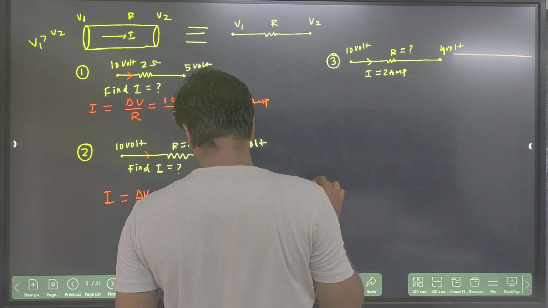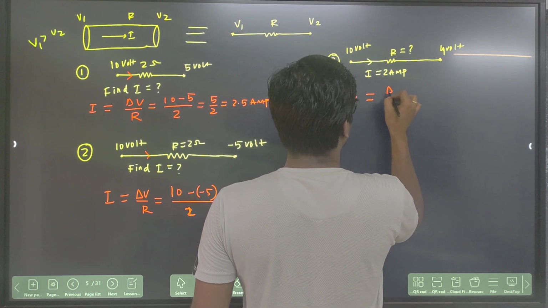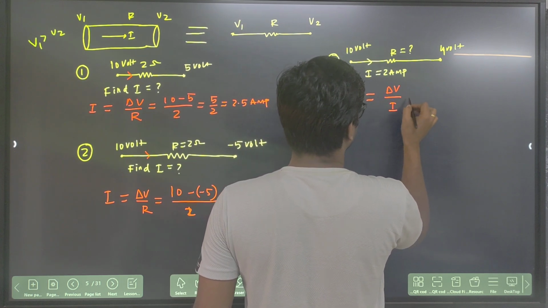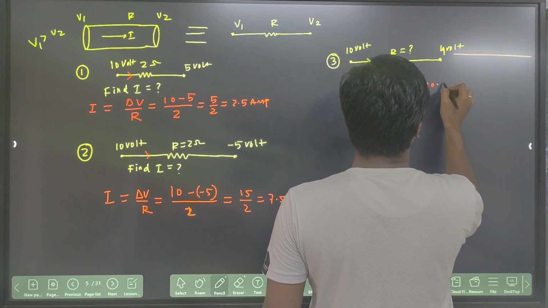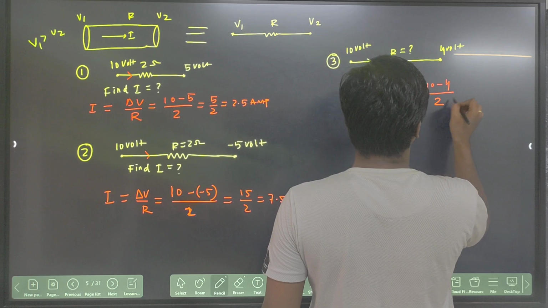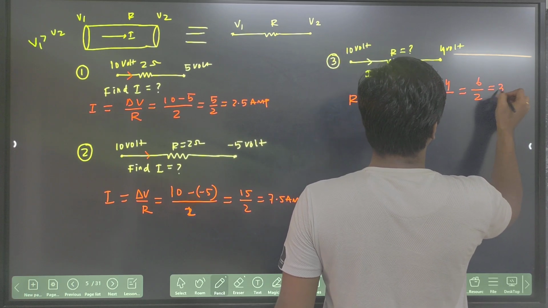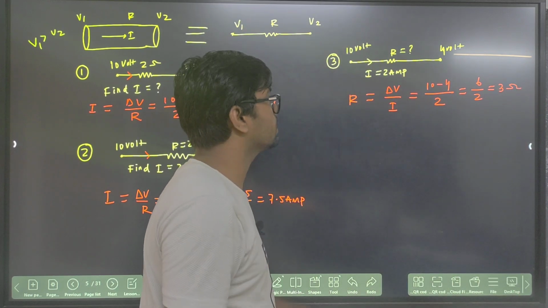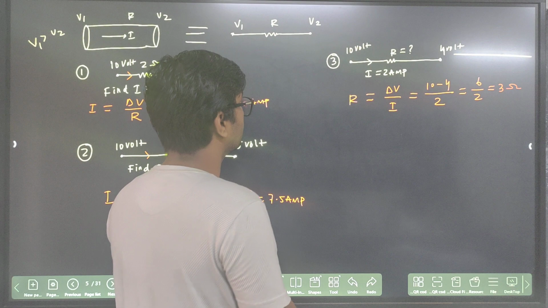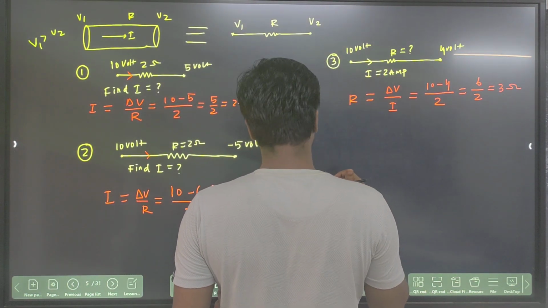So you will say that resistance equal to delta V by I, right. So delta V is 10 minus 4, divided by I equal to 2. So this will be 6 by 2, that will be 3 ohm, the resistance of the wire, and the current direction will be along this direction.